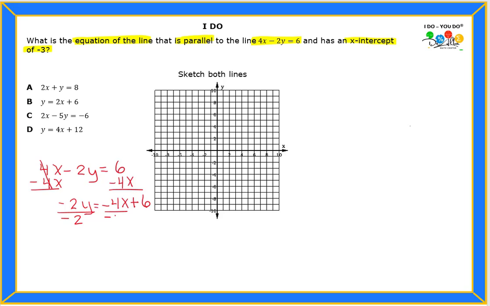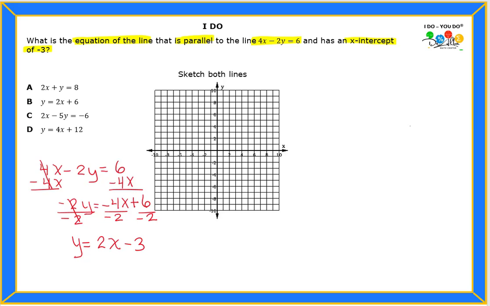Notice how when I divide by -2, each term on the right gets divided by -2. -2 divided by -2 is +1, so y equals; -4 divided by -2 is +2; and 6 divided by -2 is -3. Therefore, we write -3. Are we good?